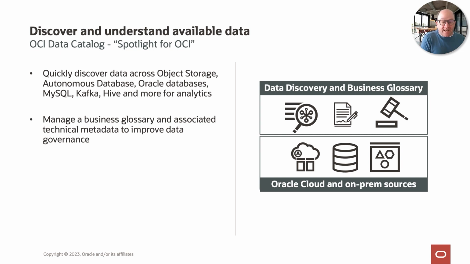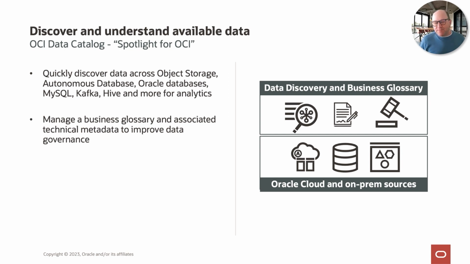So OCI Data Catalog is a metadata management service that helps you support data governance, right? It provides an inventory of assets, which could be from a database, from object stores, or from streams. And it provides a business glossary and a common metastore for data lakes, right?